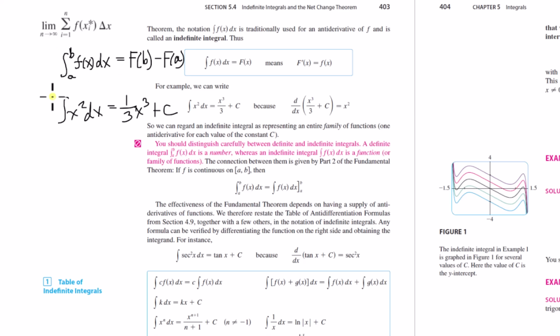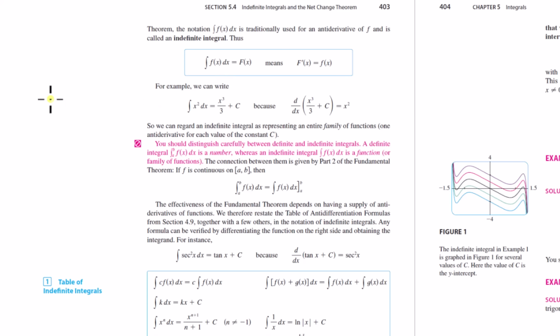The symbol to represent find the antiderivative of this function, which because of the fundamental theorem has been given the name indefinite integral, is as shown here. Here is the indefinite integral. This means what is the antiderivative of this function.